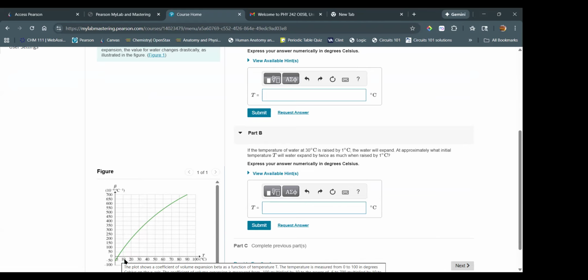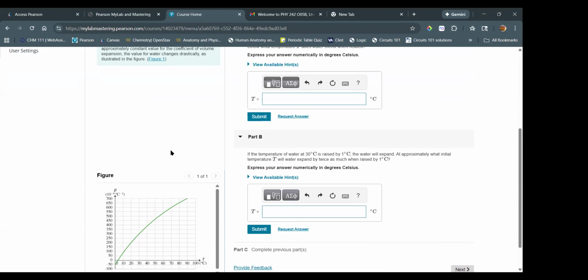Anything below then, I want that to mark right there, 4. Yep, and that happens to be exactly the 4 degrees that I hinted to you about. There's another place in your textbook where they do the density of water as a function of temperature, and it's a parabola opening down, and the peak of that parabola is at 4 degrees Celsius.